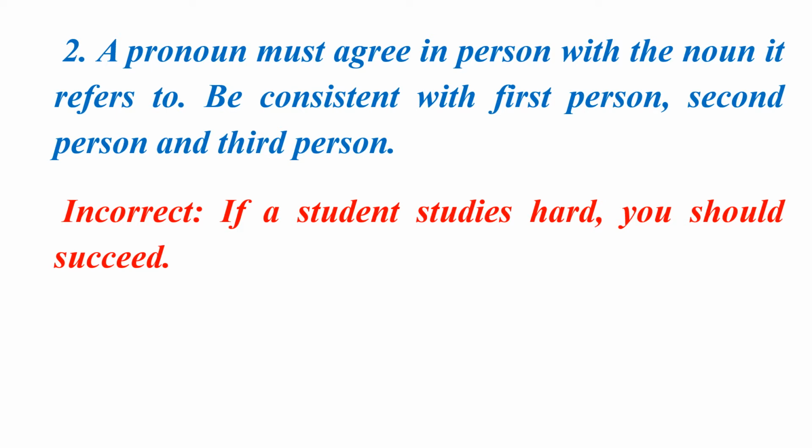At first, we use third person, but in the second part of the sentence, we use second person. But we know that there's no scope for any confusion. Our pronoun must agree with the noun it refers to. But here there's no agreement between the noun and the pronoun.